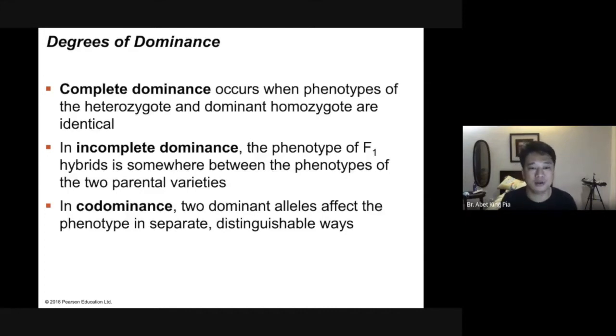No mixing of colors. So may patches ng red, may patches ng white kang makikita. Pero pag sinabing incomplete dominance, mapapansin mo na merong mixing of the trait or phenotype. So kung red and white, merong in between na lalabas, merong pink na lalabas na kulay.